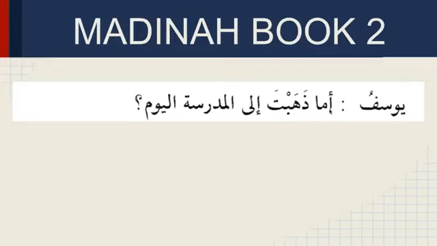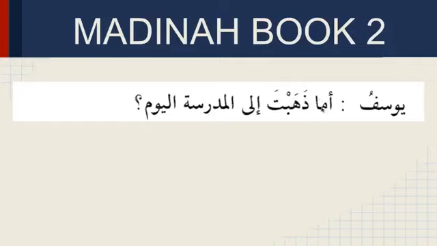So when you have a, ama zahabta means didn't you go? It's like alaysa kazalik, is it not like that? So where you have a question with a negation. So we can ask azahabta ilal madrasatil yawm, that means did you go to madrasa today? And now if you're asking did you not go, that means ama zahabta ilal madrasati.